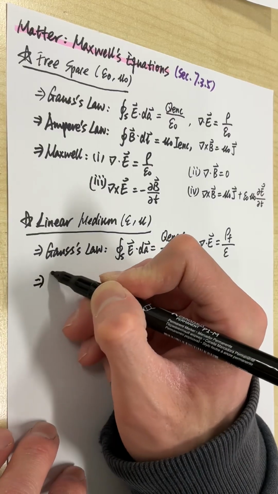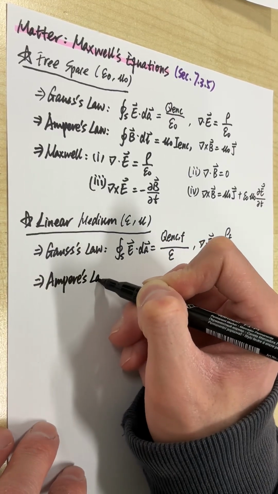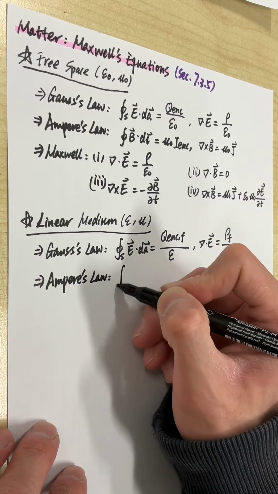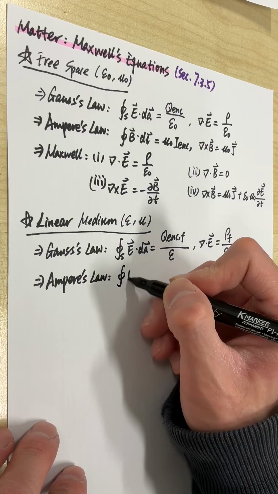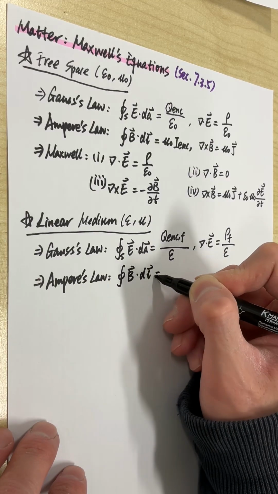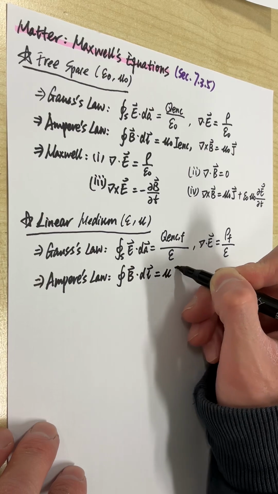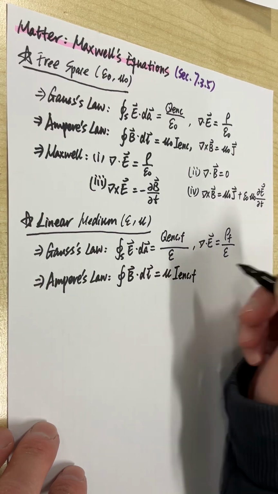And then we have the modified Ampere's law, which is the closed path integral of the magnetic field equal to mu times the free current enclosed.